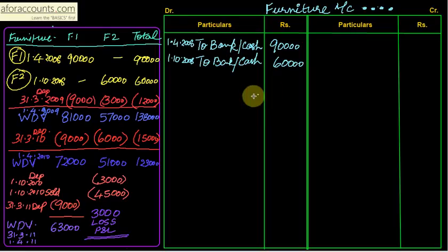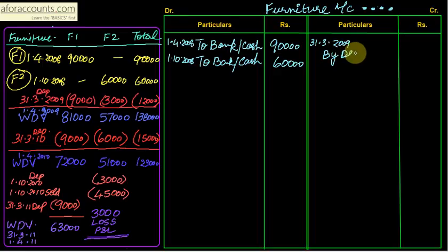So now depreciation entries as on 31/3/2009, by depreciation on 31/3/2009. Depreciation account debit to furniture.